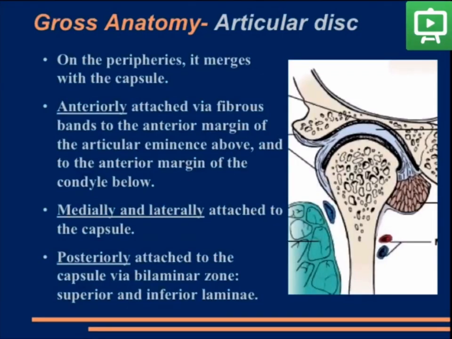So regarding the attachments of this articular disc, it merges with the capsule on the peripheries. Anteriorly, it is attached by fibrous bands superiorly to the anterior margin of the articular eminence, and inferiorly to the margin of the condyle, as seen in the picture.